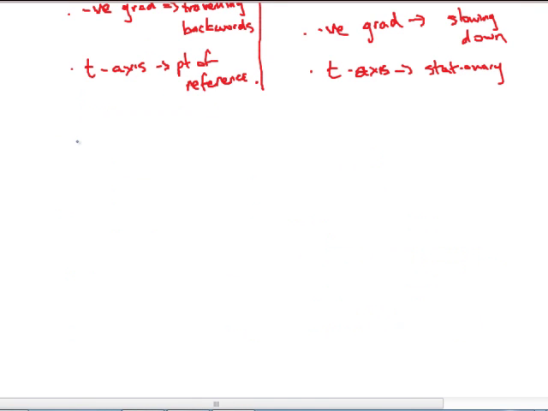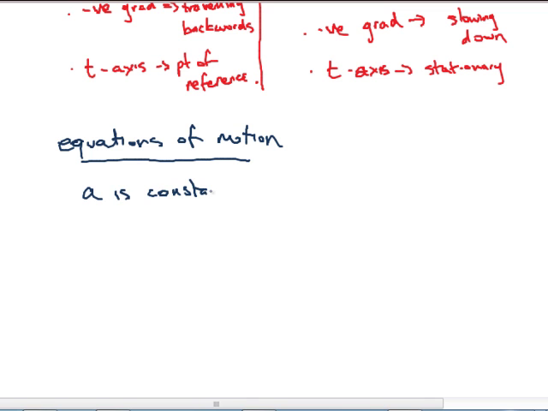All right, the equations of motion. We looked at 3 real key equations of motion. This is when a is constant. So for any scenario where you've got constant acceleration, these are the equations that you're going to use, which leads us into projectile motion, but not just projectile motion.